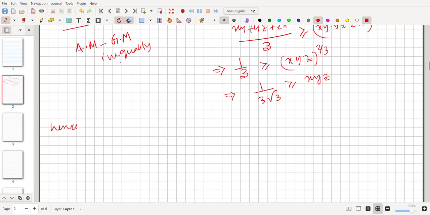Hence, for all (x, y, z) belonging to S, xyz is less than or equal to 1/(3 root 3).